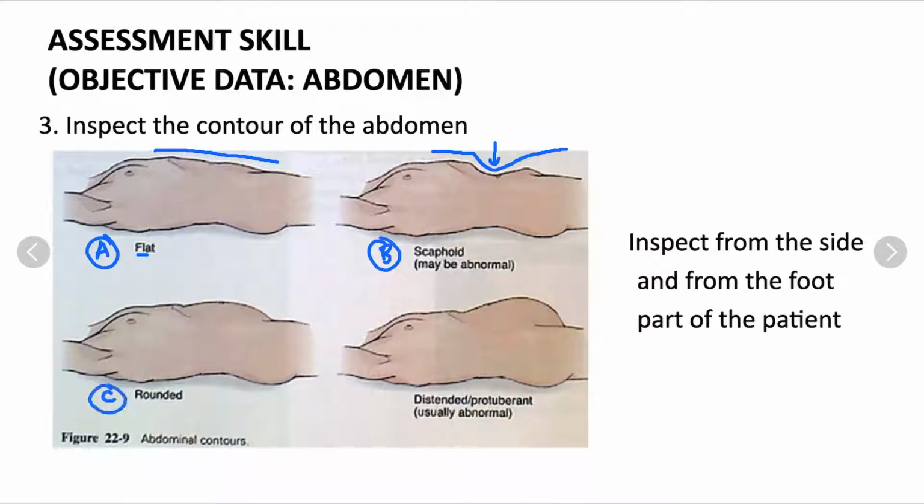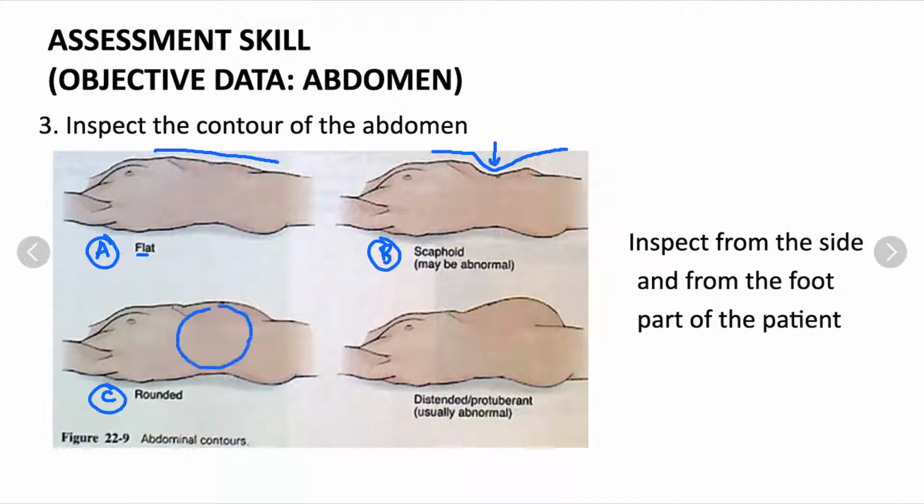Okay, this one, you could let your patient place his hand on the side, but for better visualization, you could ask the patient to raise his or her hand so that you could visualize further the contour of the abdomen, and make sure that the foot is not flexed and just lying straight. Okay, so it could be rounded.